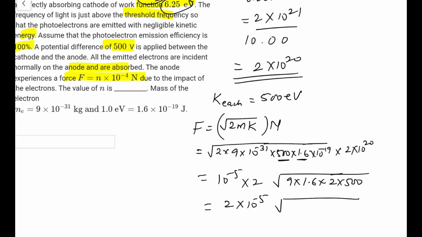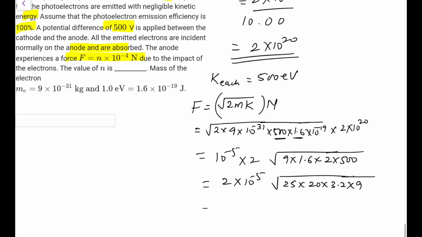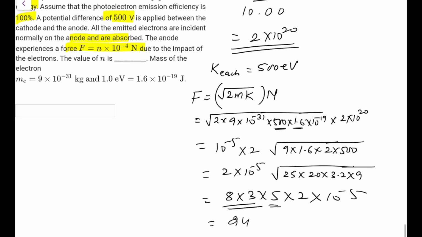What we can take out as common, I can write 500 as 25 into 20, 1.6 into 2 is 3.2 into 9, so 3.2 into 20 is 64. 64 is a perfect square 8, 9 is a perfect square 3, 25 is a perfect square 5. So 5 into 2 into 10 to the power minus 5, 24 5s is 120, 240, so it is 240 into 10 to the power minus 5, so it is 24 into 10 to the power minus 4. So I think this is 24, and this completes this paper. This was not an easy one.